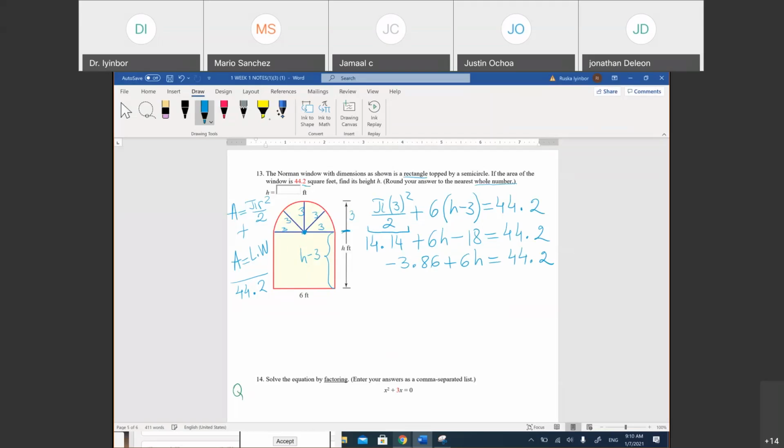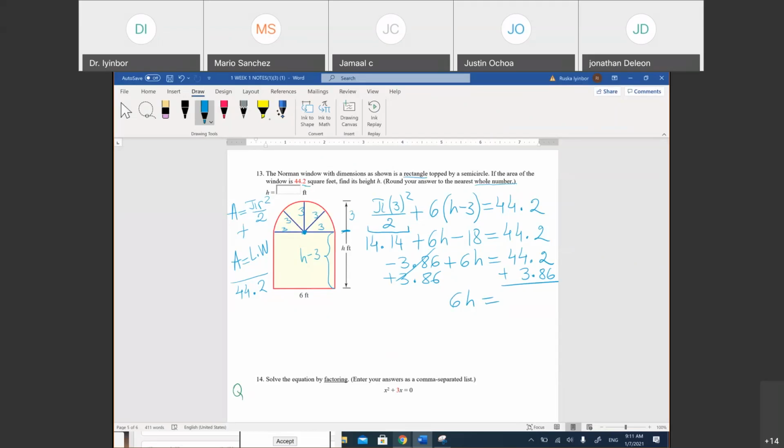Then I'm going to move the number 3.86 over. I'm going to add 3.86. And I'm going to get 6h equals, when I add those two, it's going to be 40.